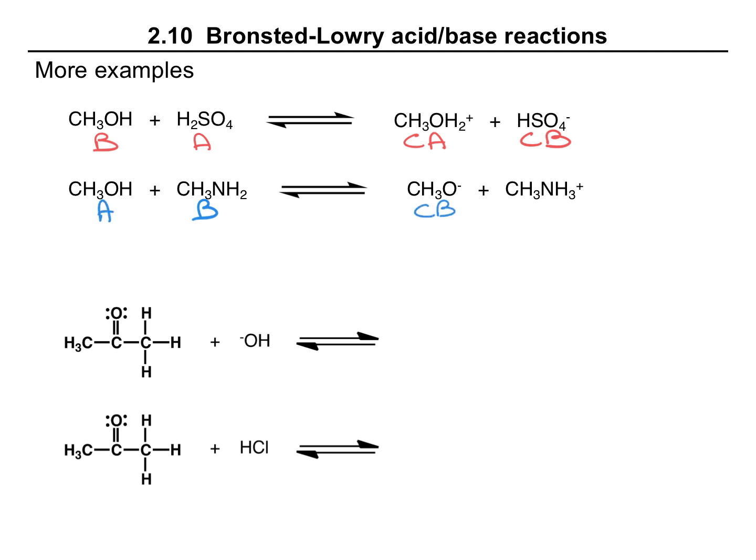This is our conjugate base, and this is our conjugate acid. We can see that this acted as the base because it now has an extra proton. We can see that this was the acid because this grabbed off the proton, leaving CH3O-. In the reverse direction, this acts as the base to grab off one of these protons to form these products.